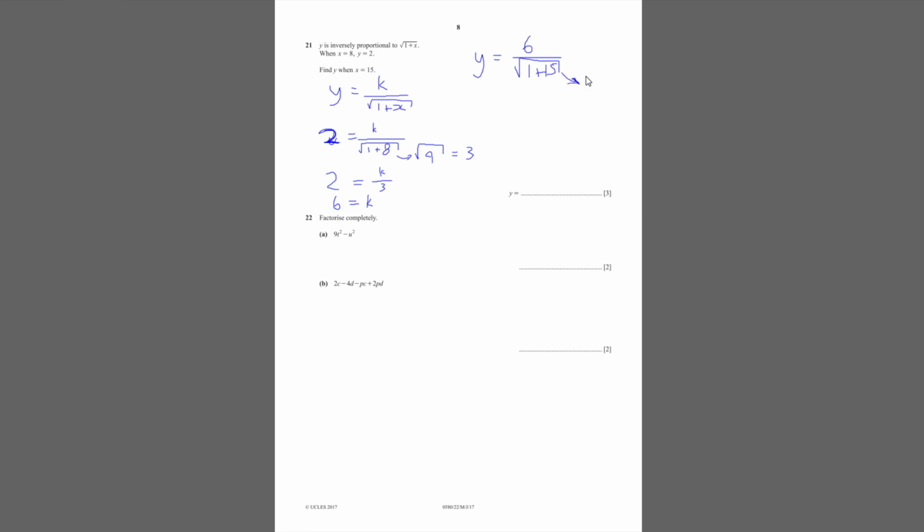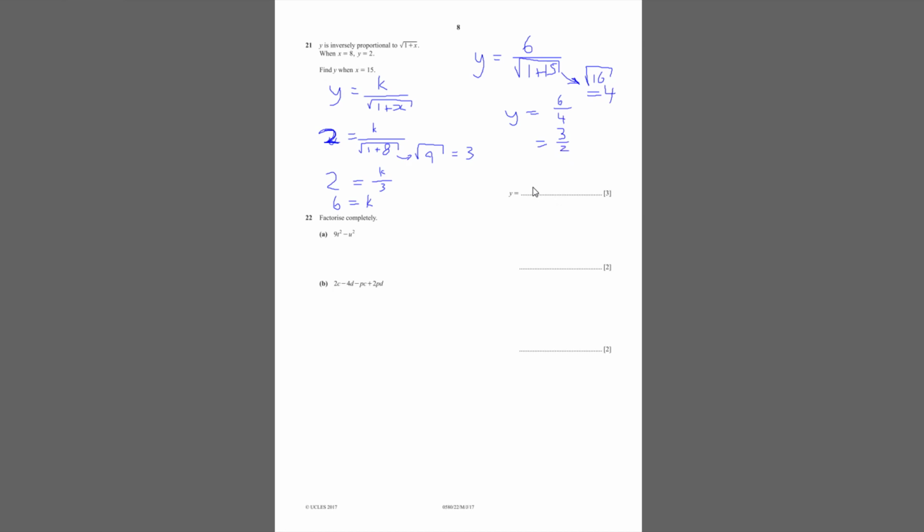This is the square root of 16, which equals 4. So y equals 6 over 4. Or, in turn, 3 over 2.